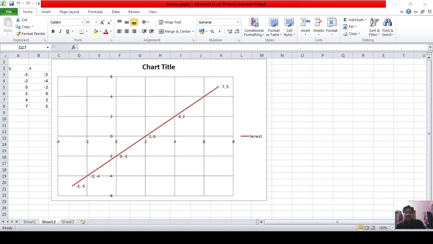From that point 0, if we move towards our right-hand side horizontally on the x-axis, then the value of variable x goes on increasing from 0 to 1, 2, 3, 4 and so on.